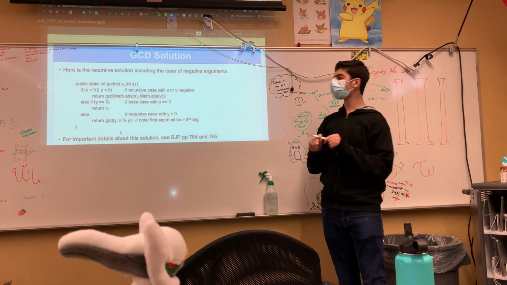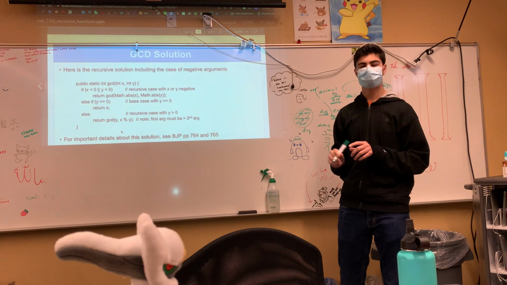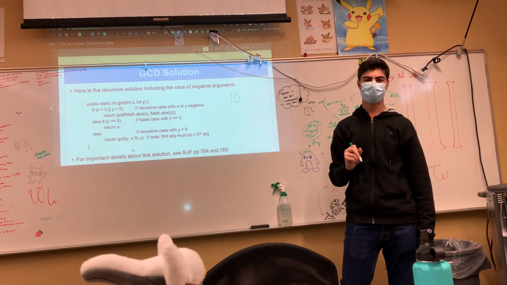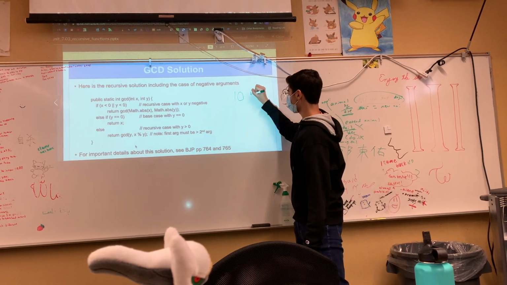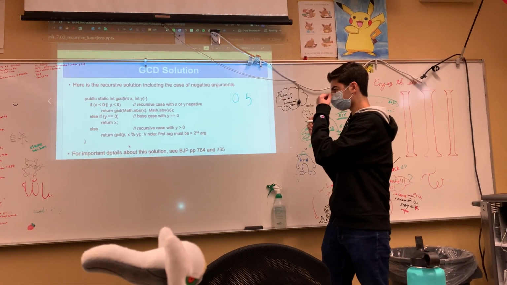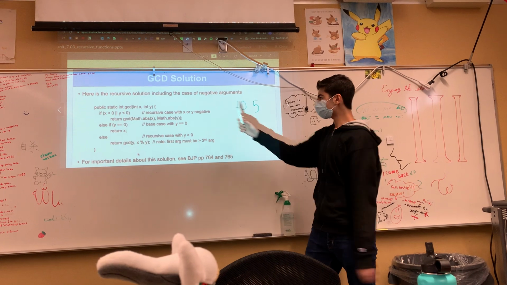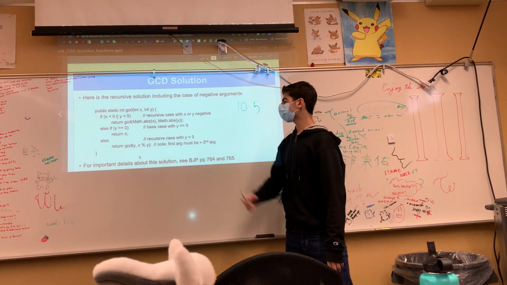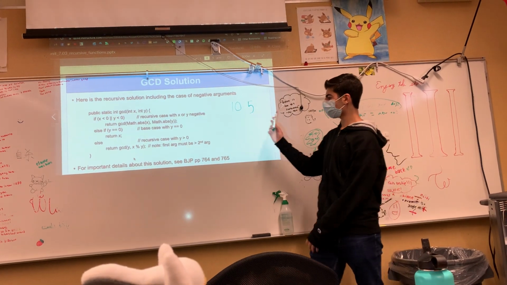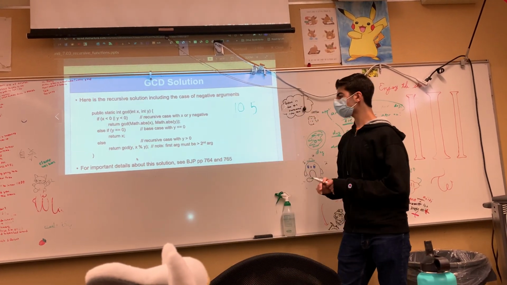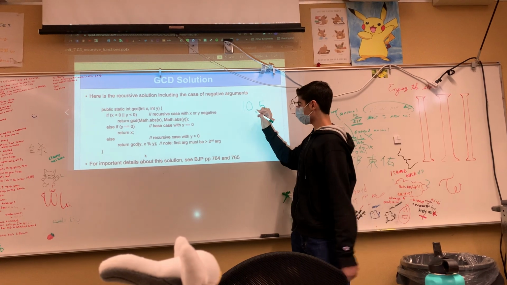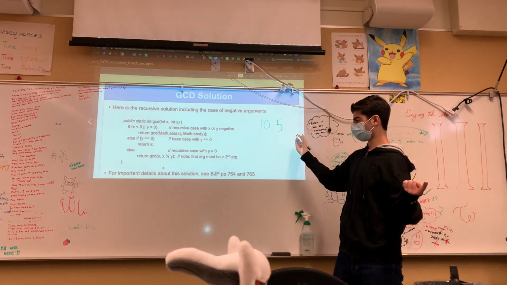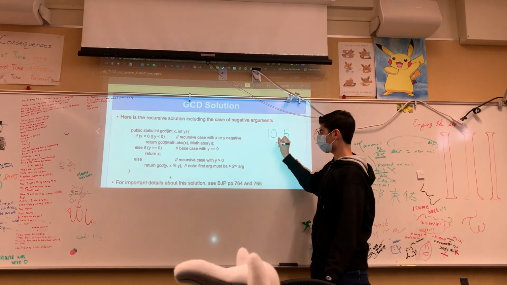So does anyone have a value for x? 10. All right. And a value for y? 5. All right. Those are great examples. So, are either of them negative? No. Does y equal 0? No. So we're going to go here. So it goes back into the GCD with y, which is, what's y right now? 5.